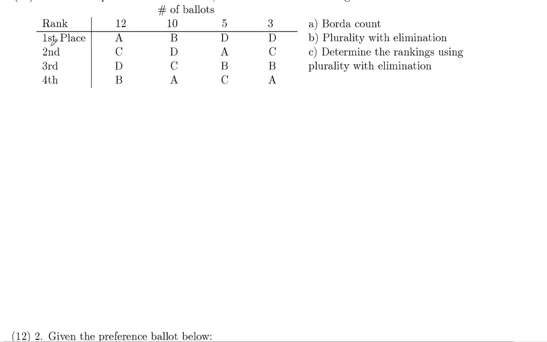Okay, so remember the Borda count is the point system. You get 4 points for first place, 3 for second, 2 for third, and 1 for fourth.